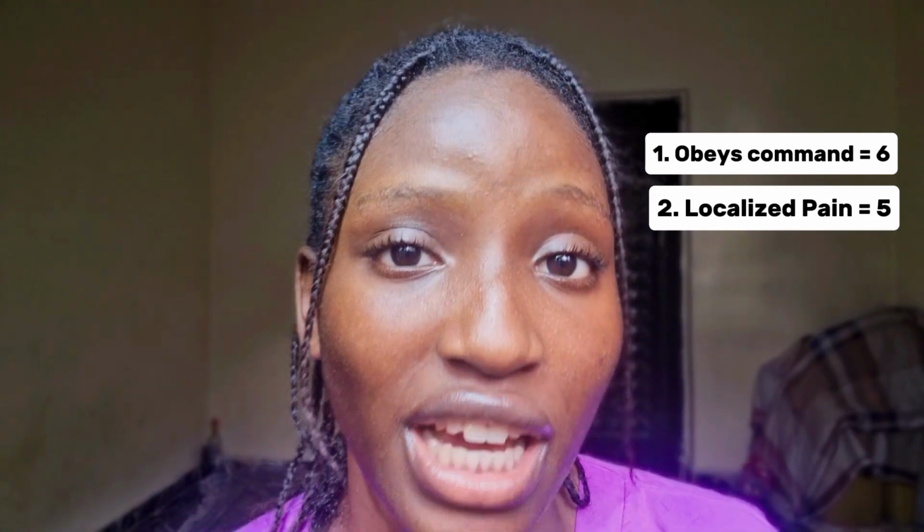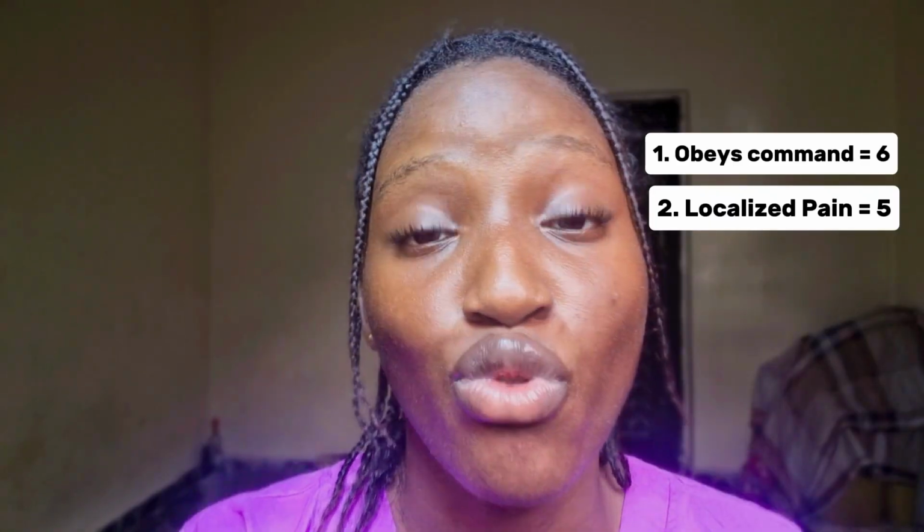When you apply a pain stimulus, if they're able to localize the pain, for example, you squeeze your patient's trapezius and they're able to take their hand and remove your hand, or try to remove your hand from the source of the pain, they are trying to localize the pain.